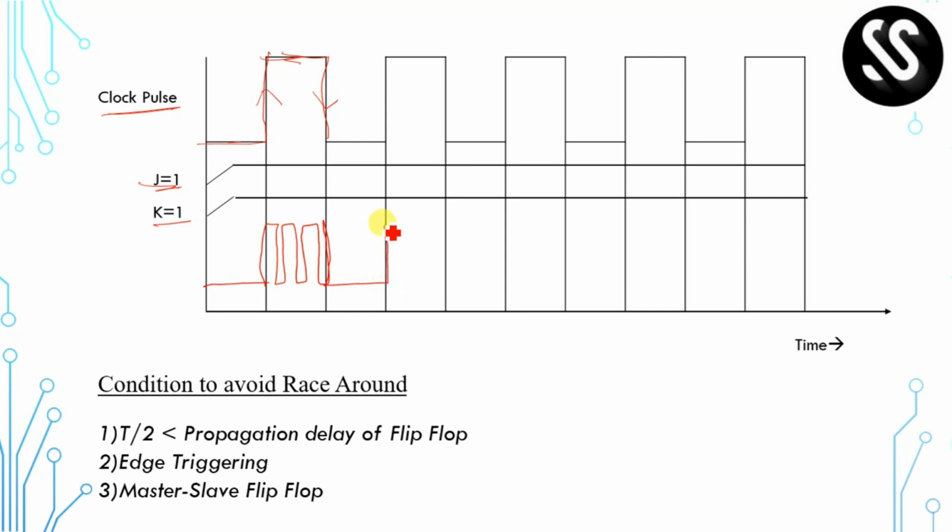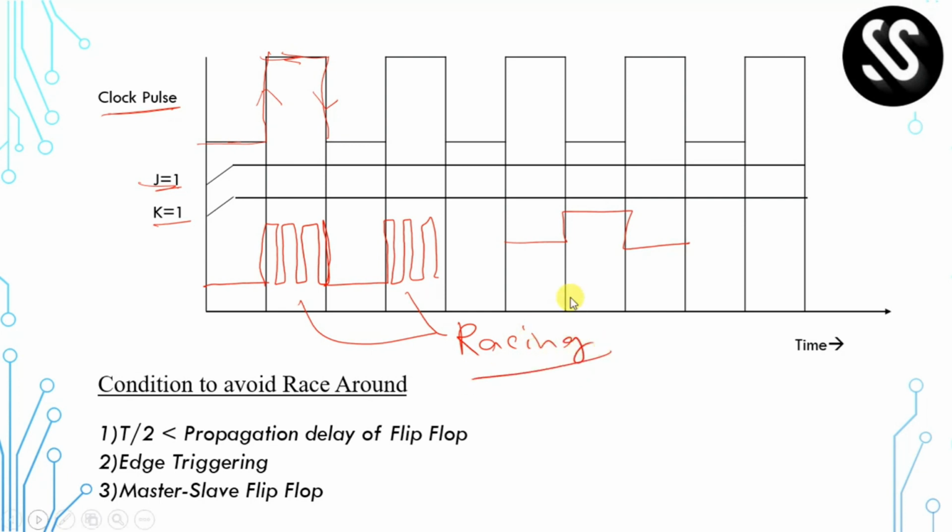Instead of a constant value, the output keeps toggling. So this period is called racing. This racing is an undesirable state because we need a constant output, but the output is fluctuating, right?